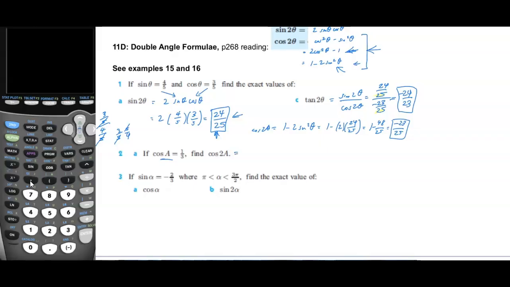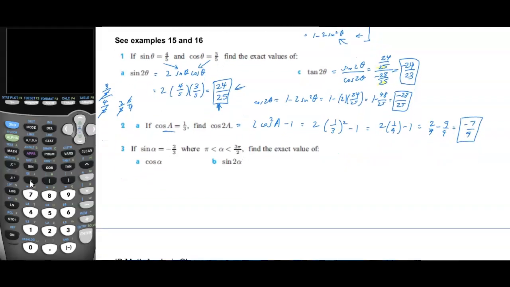So you can see it's not that hard to figure out which one you're supposed to use. So 2 times 1/3 squared minus 1 equals 2 times 1/9 minus 1, 2/9 minus 9/9, because 1 is 9/9, is negative 7/9.